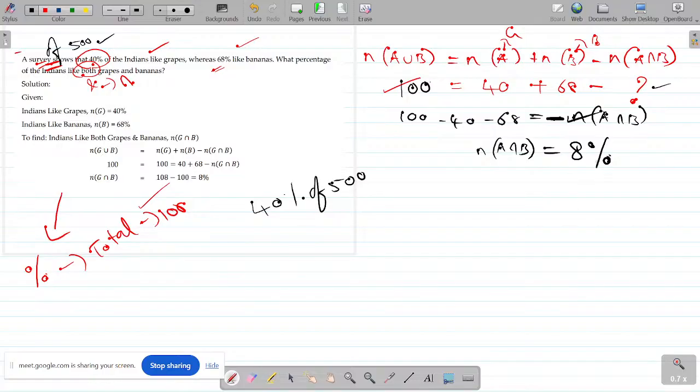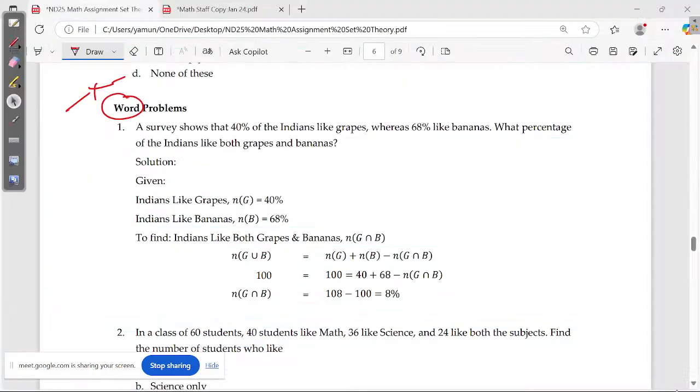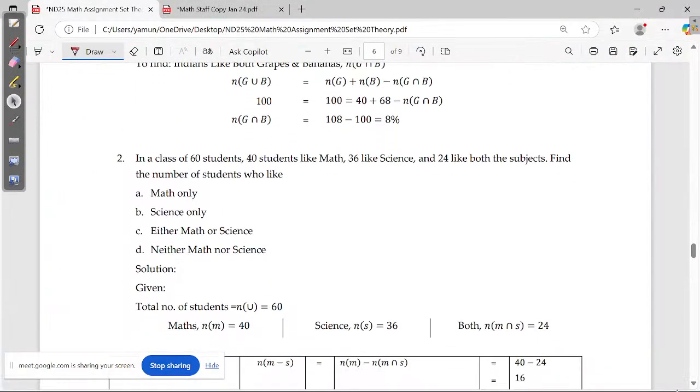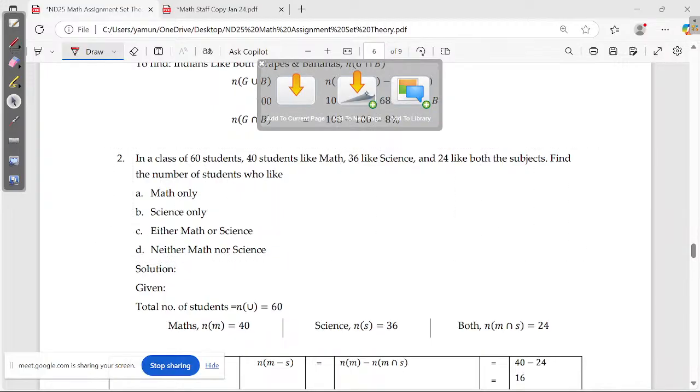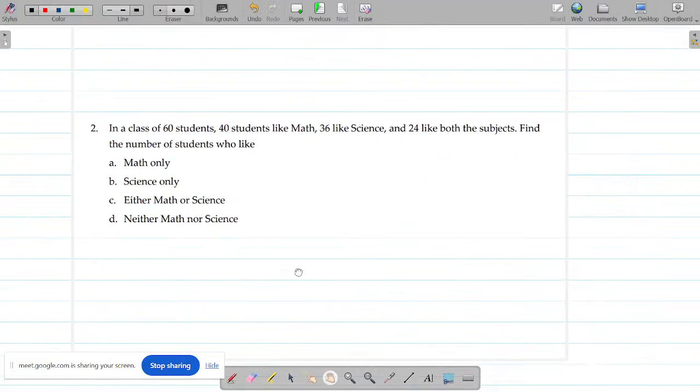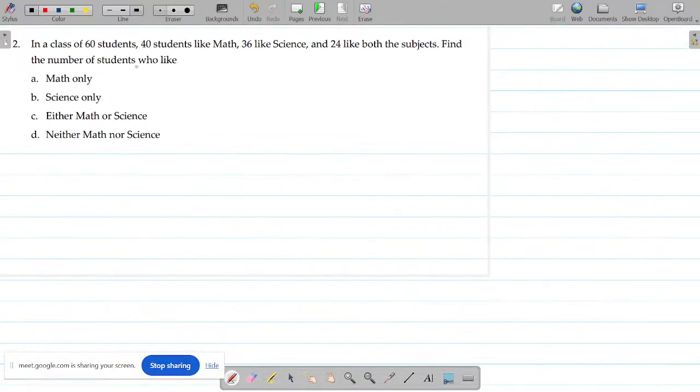Shall I take over the second problem? Problem number 2. In a class of 60 students, see, total is given. 40 students like math, 36 like science, and 24 like both the subjects, which means intersection, and find the number of students who like math only, like science only, math or science, and neither math nor science.